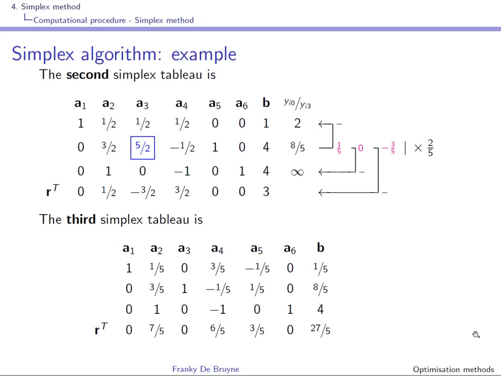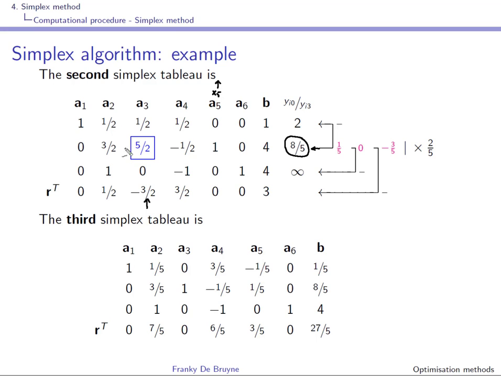Well, in this second tableau we had seen that the reduced cost corresponding to x3 was still negative. This says that x3 is going to join the basis, and we had isolated this element as the smallest positive element. So we can see here that x5 is going to leave the base.